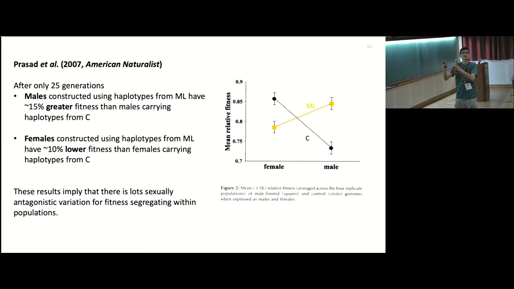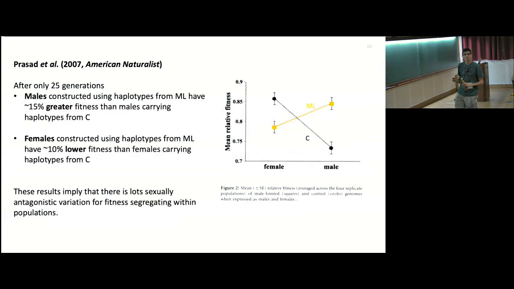And so how the male version of the control does relative to its competitor might be different from how the female does relative to the competitor used for the females. In other words, I think this scale is somewhat arbitrary. It's only the relative difference that matters. Yeah, I mean, I think what you're interested in is this value relative to this and this value relative to that.